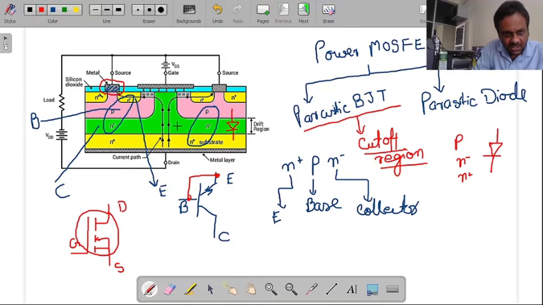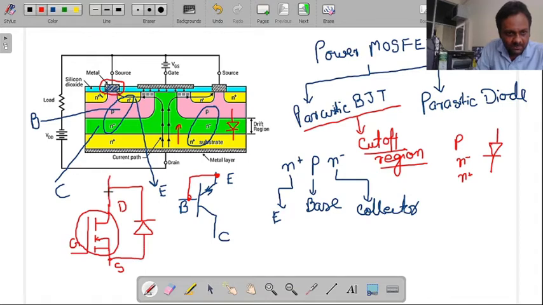Current is flowing from drain to source, okay, and this power diode is represented like this. It is connected in anti-parallel. It is called a MOSFET body diode.